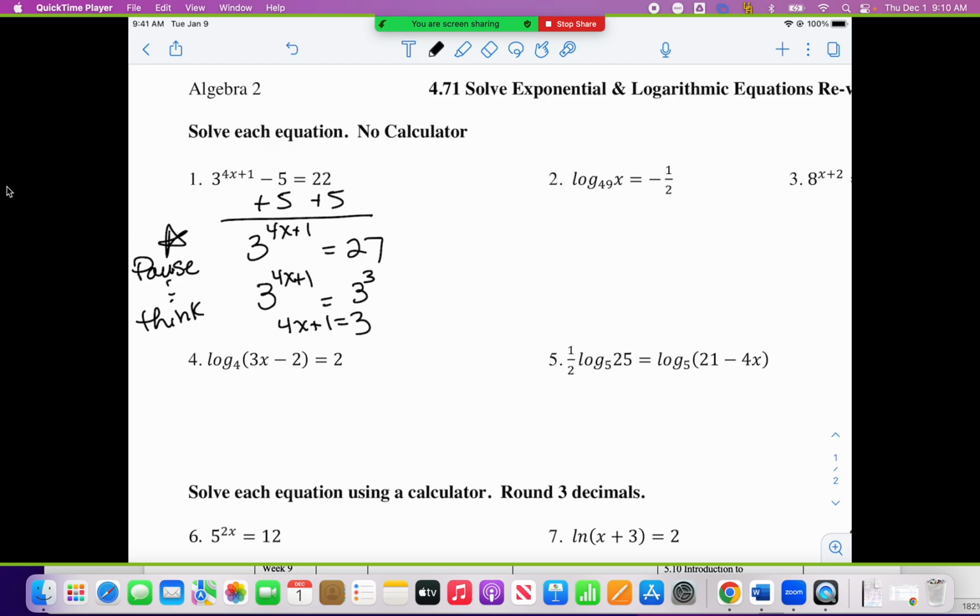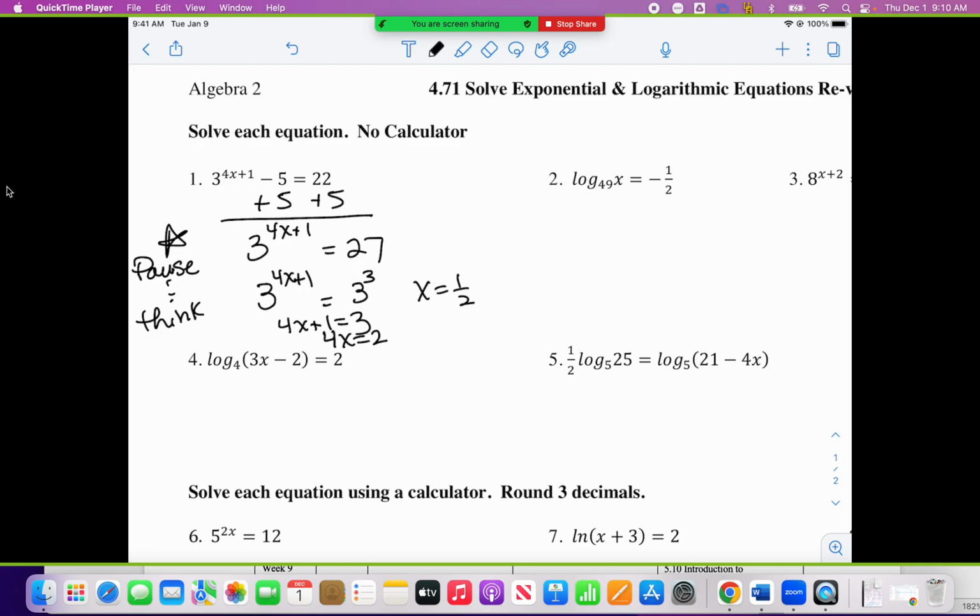I get 4x plus 1 equals 3. I'm not canceling the bases, okay? But what I am saying is once my bases are the same, the exponents must be equal. All right, so subtracting 1 from both sides, x is 1/2.